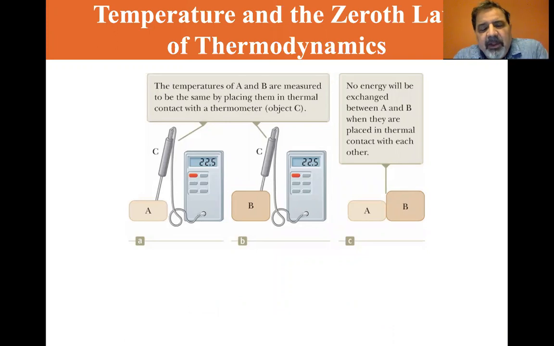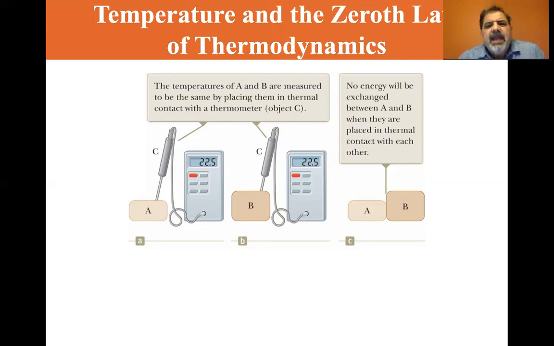This seems kind of simplistic, but it's a very important part of understanding temperature. We have item A, and it's got a thermocouple in contact with it, and it's 22.5 degrees. And separately, we have B with a thermocouple, and it's at 22.5 degrees.